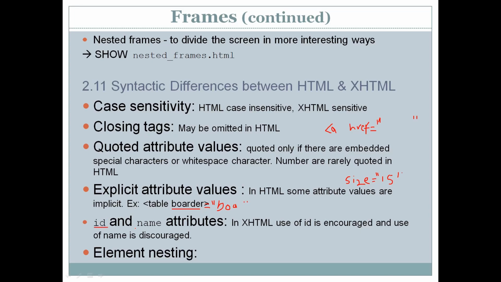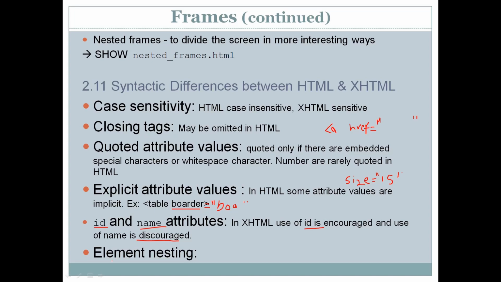Then ID and name attributes. In XHTML, use of ID is encouraged and use of name is discouraged. In HTML, we use the name attribute many a time instead of the ID attribute, but in XHTML, use of ID is encouraged and use of name is discouraged.